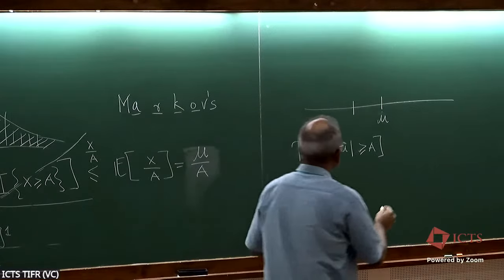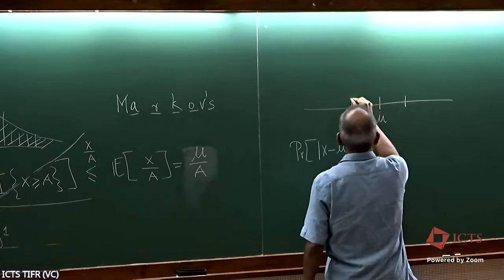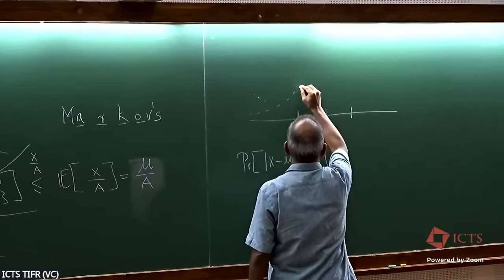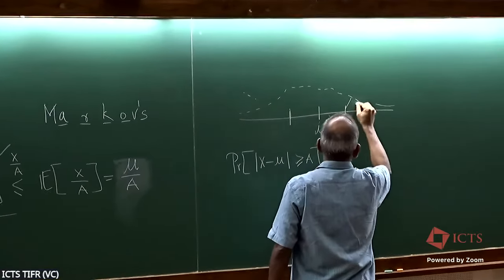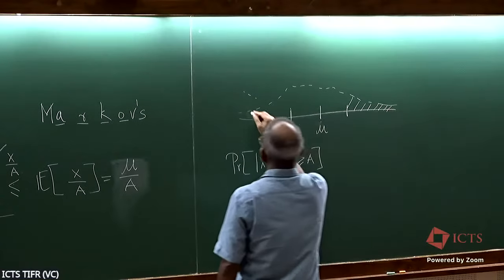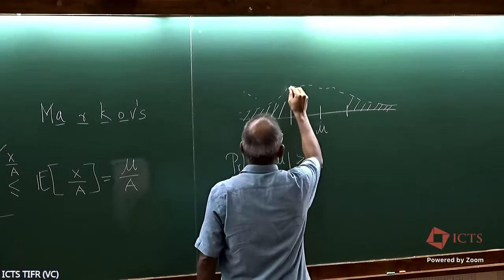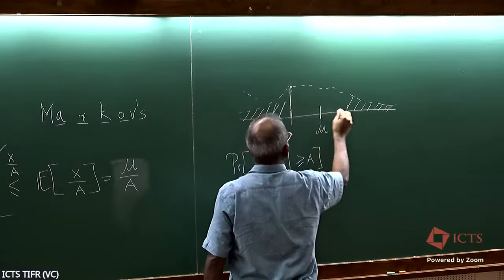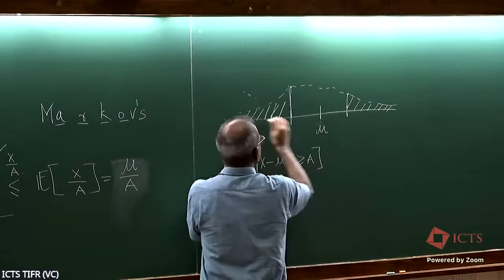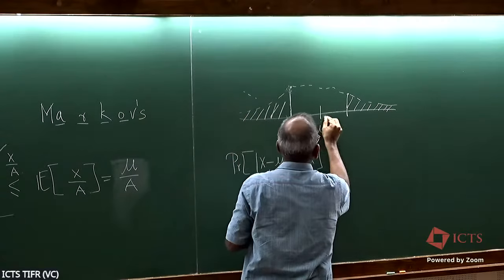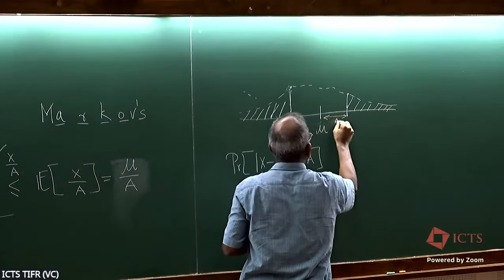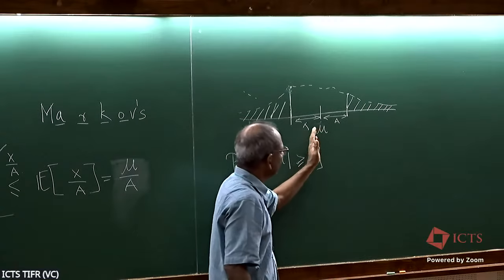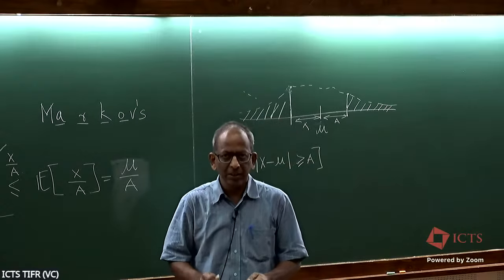So that means I'm interested in the tail probability, where this distance is. What's the probability that the random variable deviates from its mean by a?